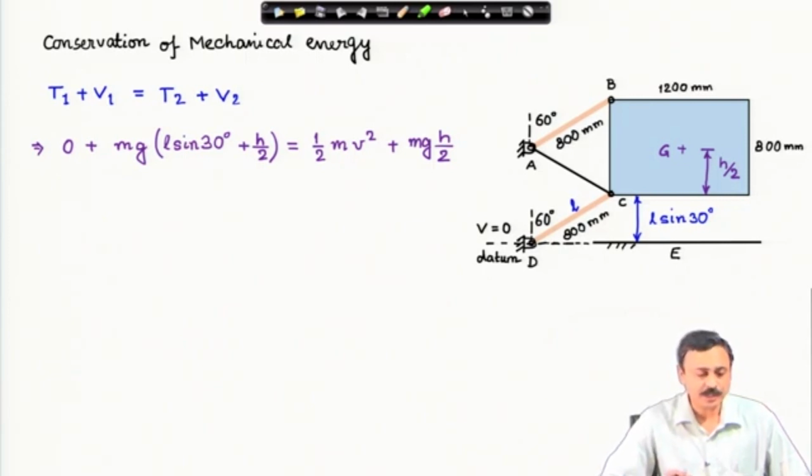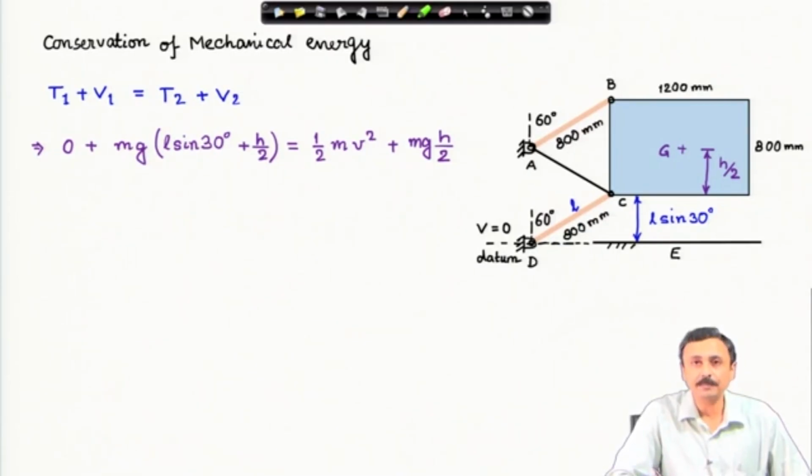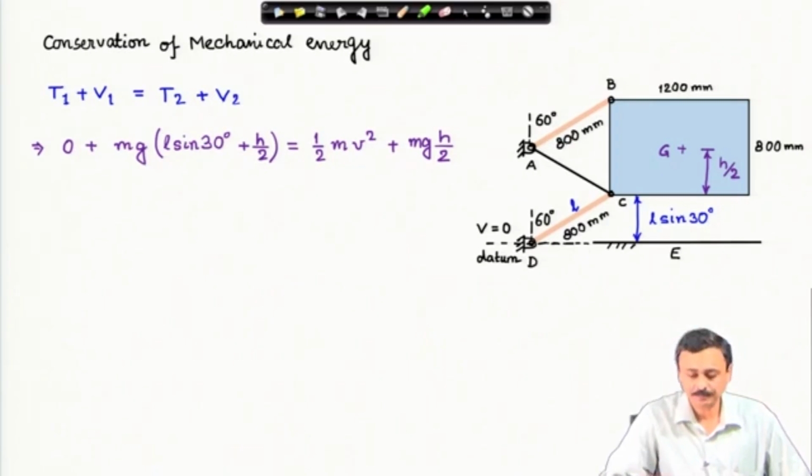The initial potential energy, which is V1, is measured from the datum. The datum I have shown here, the ground, is the datum, and you can easily see that mgh, with the height of the center of mass from the datum, is L sin 30 degree plus h by 2.